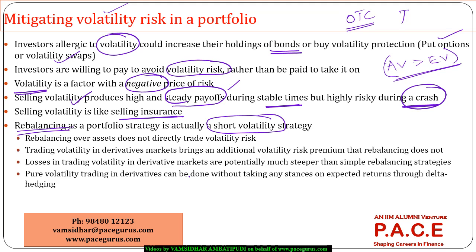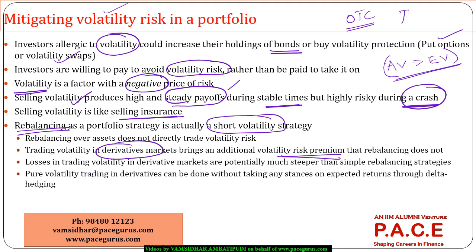The rebalancing over the assets does not directly trade volatility risk, so we are not directly getting involved in trading volatility. But the more I trade volatility in the derivatives market, the more the volatility risk premium increases. In rebalancing, that doesn't work at all, because there is no question of an additional premium.